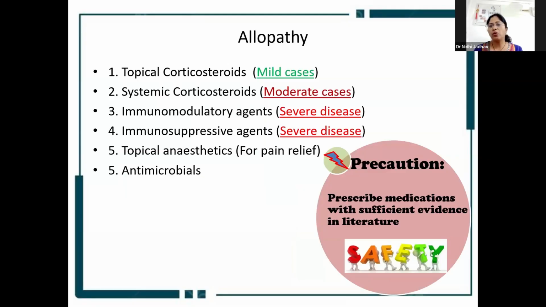Any of these first four would always require an additional topical anesthetic at least in the first 3 to 4 weeks for the pain relief. Along with antimicrobials, if there is a possibility of any superadded candidal infection coming in, so that is needed. But whatever medications you prescribe to the patient, always make sure that there is sufficient evidence in the literature about their safety before using it.